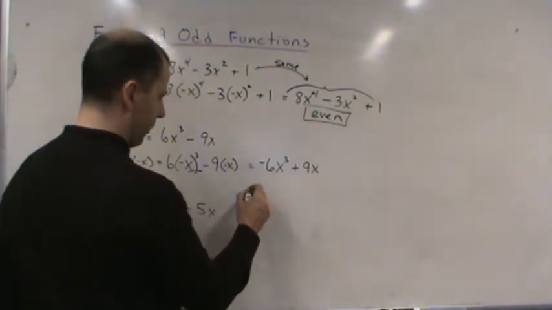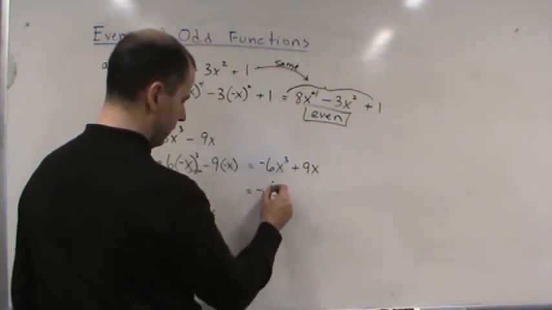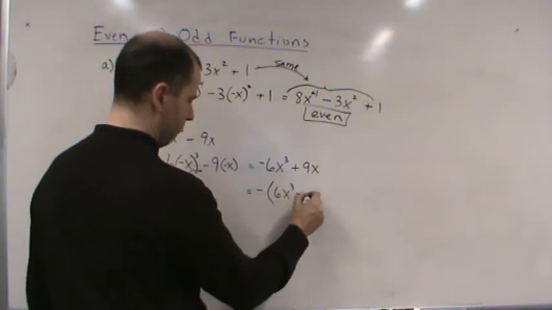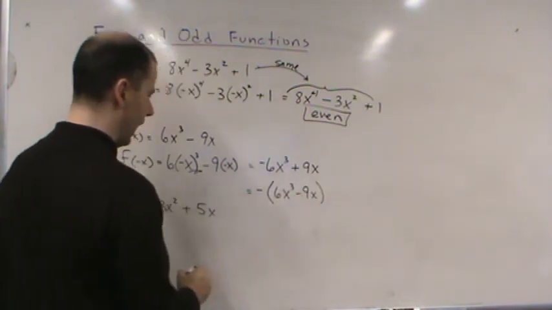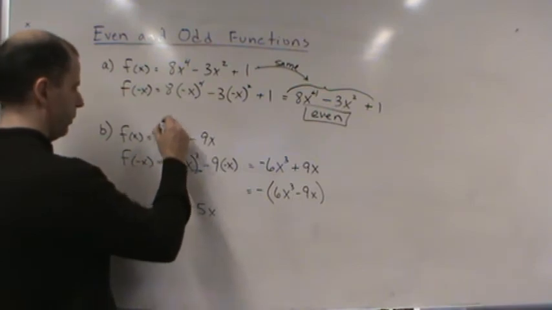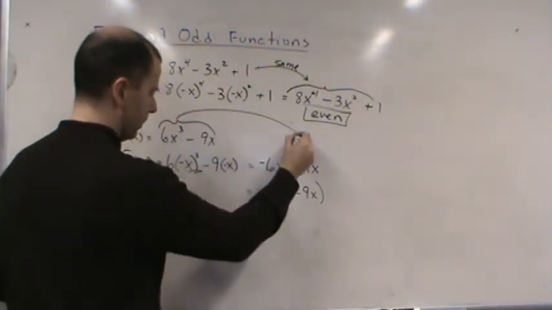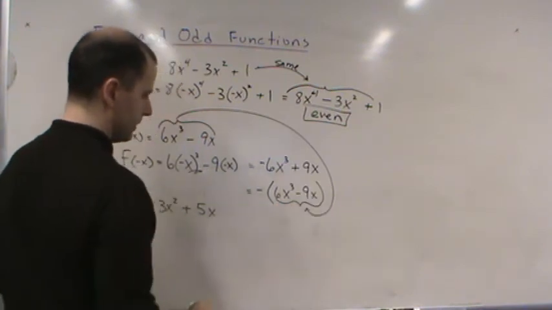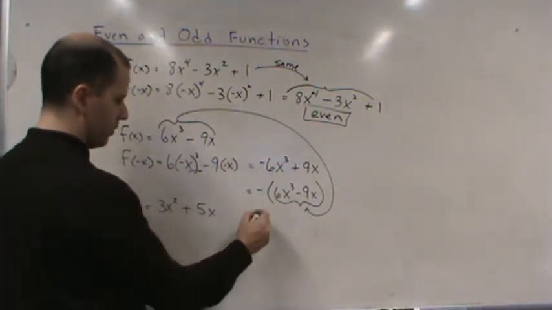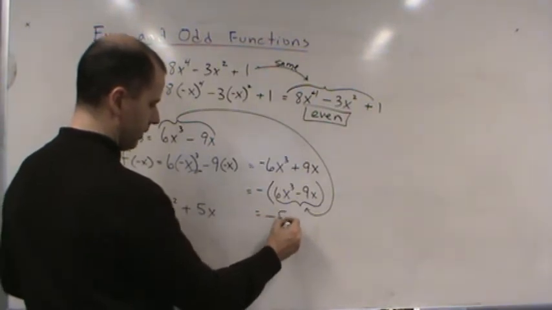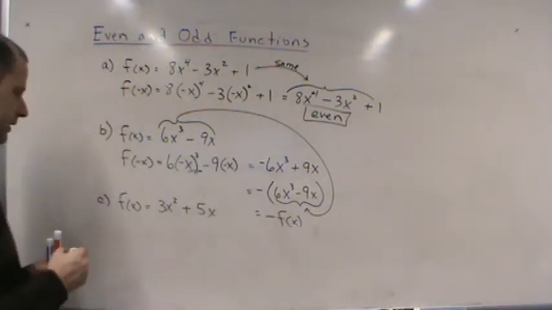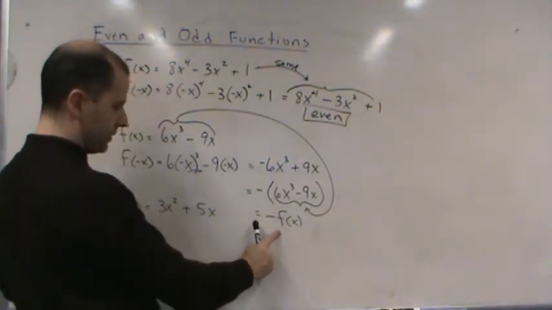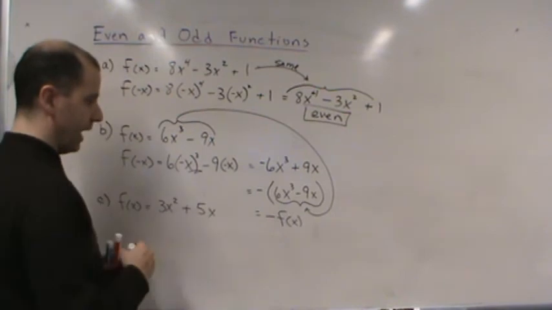If I factor out a negative 1, I get 6x cubed minus 9x. Aha! Now this is the same as f of x. So this turns out to be the opposite of f of x. Because this ends up with the opposite of f of x, it's an odd function.